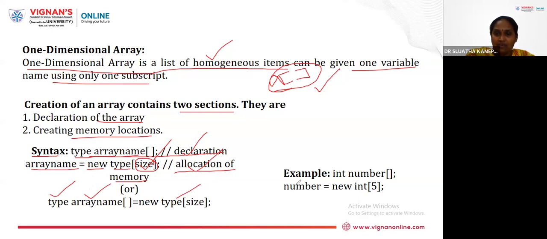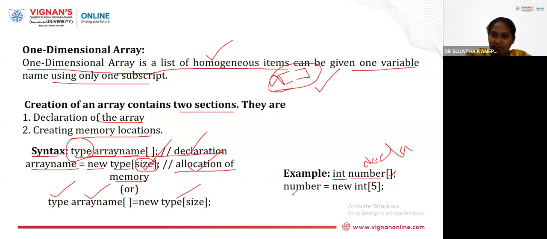Now here you can see the example. Type represents the data type. Which data type do you want to store? Here I want to store integers, so we have written int and my array name is number. Since this is a one-dimensional array, I am representing only one subscript. This entirely is called declaration.